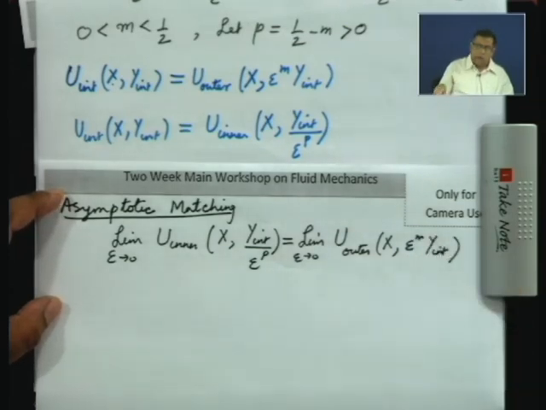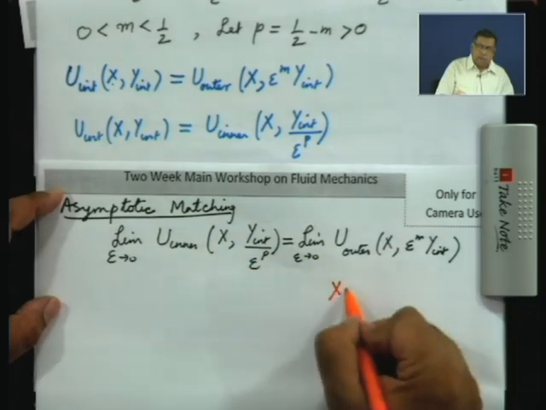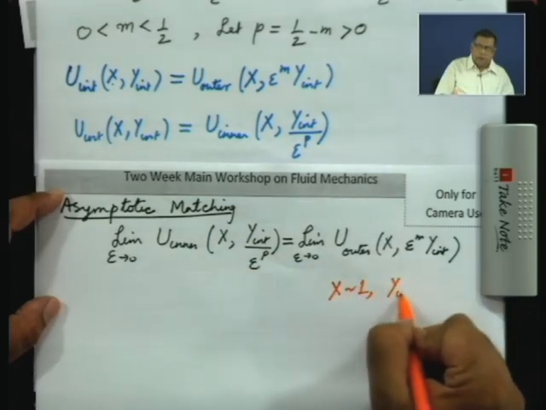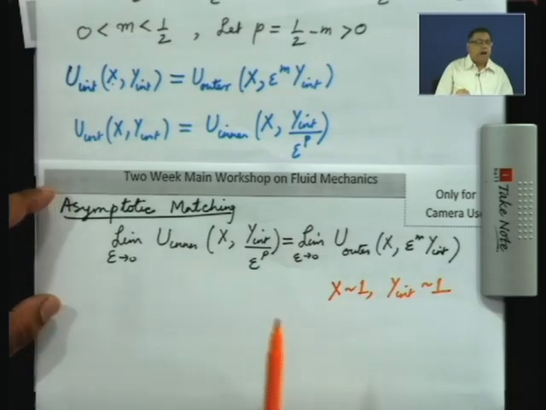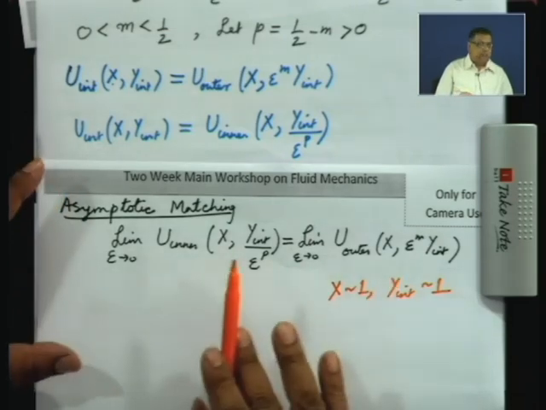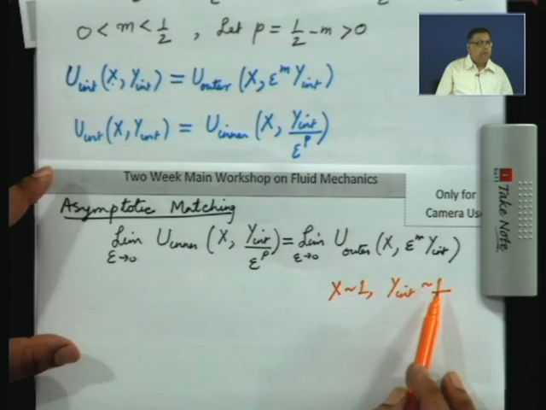And in this limit process we are assuming that x remains order 1 and y intermediate remains order 1. So, we are equating the outer solution and the inner solution in the intermediate region. So, therefore, y intermediate remains order 1.